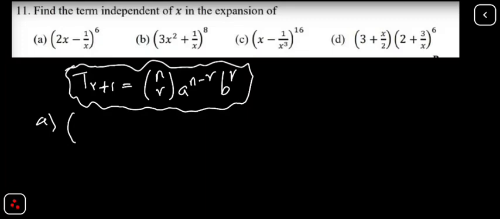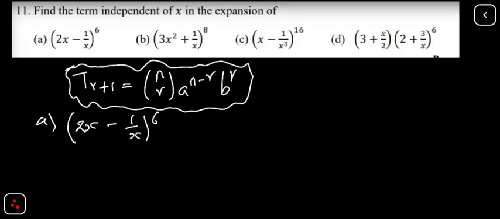So question A, we've been given (2x - 1/x)^6. Okay, so since we know that the general term is T_(r+1) = nCr a^(n-r) b^r, the first thing you're supposed to do is identify which one is a and which one is b.